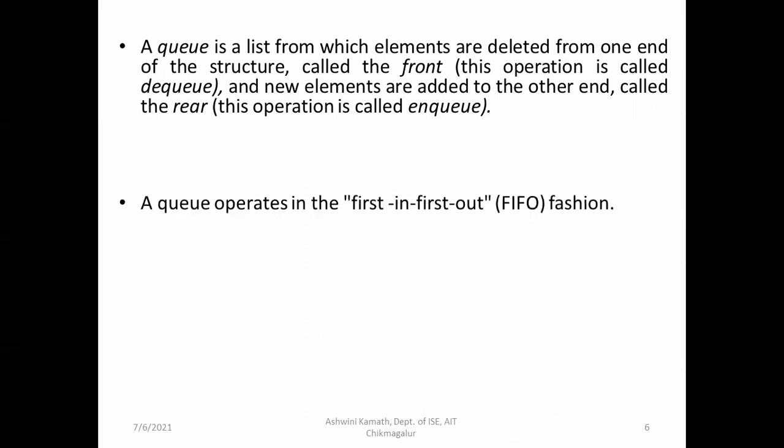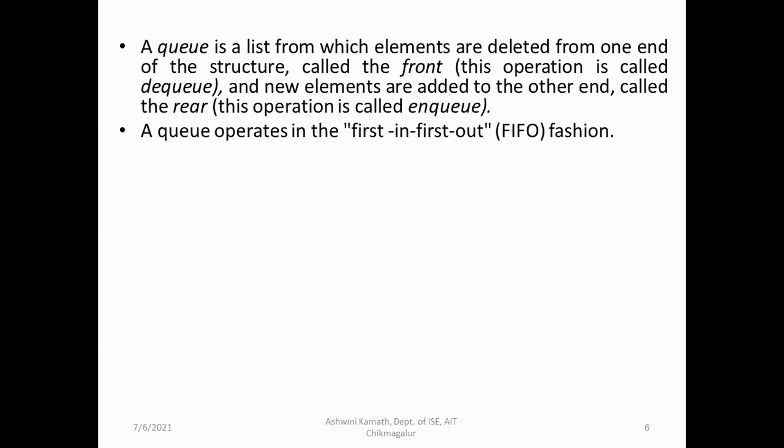So you can imagine any queue, like where you are collecting tickets or where you are paying the fees. So at the rear end you have to enter, and from the front, the first person who paid the fees first will come out. So from the front only they will come out, right? That is a queue.